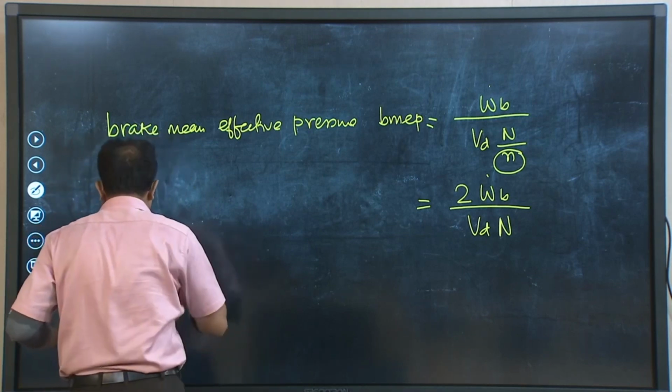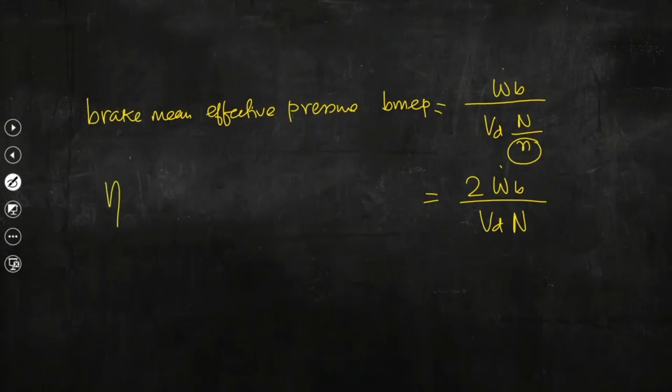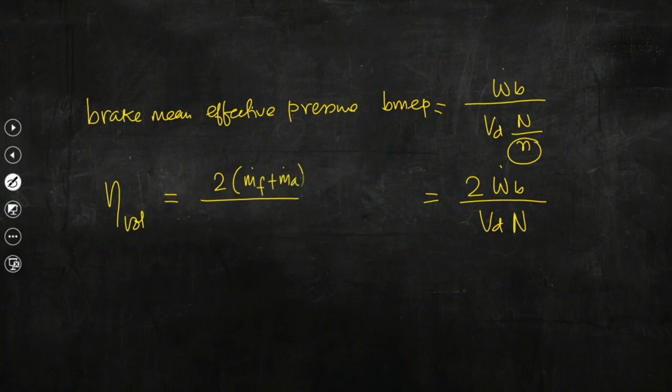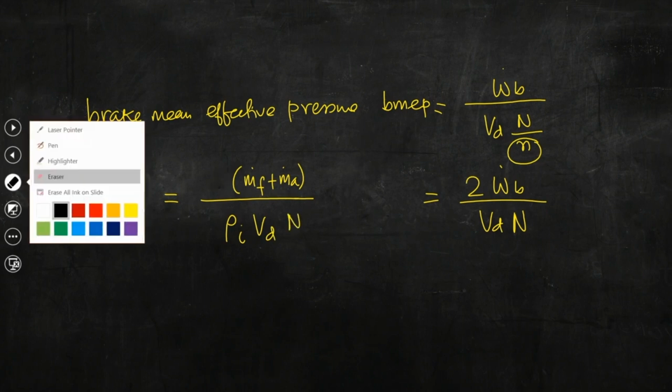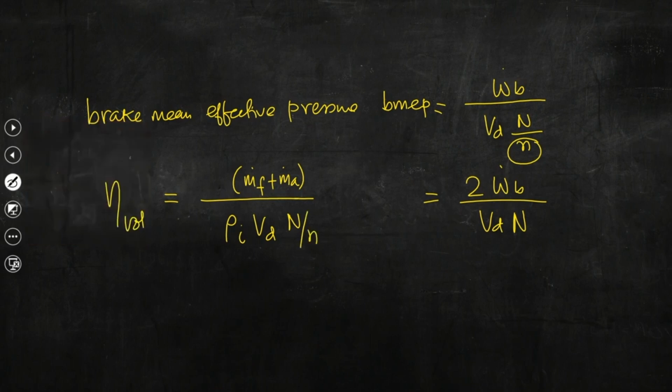So, I am writing here the volumetric efficiency eta v, that is twice m dot f plus m dot a, divided by rho I into V d into N. I will be writing N by small n.